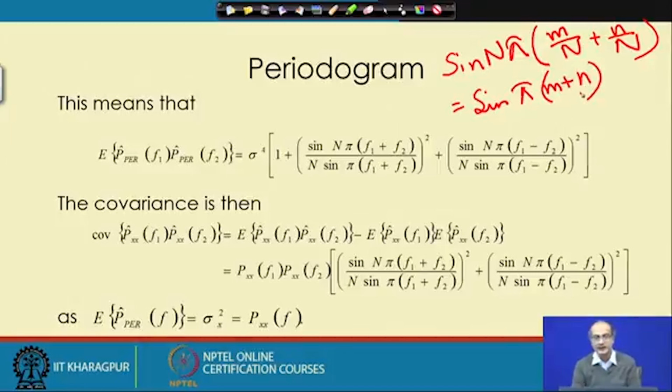M and n both are integers. So, this is equal to sine pi, which is 0.